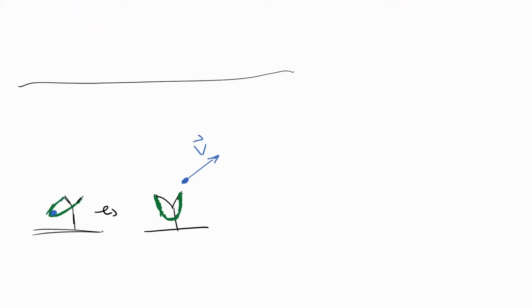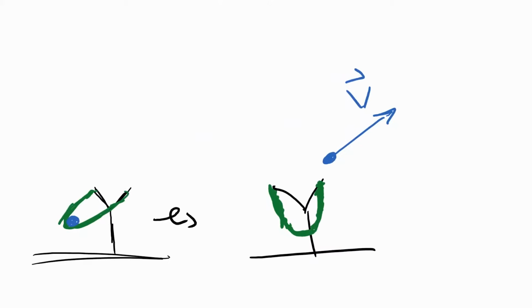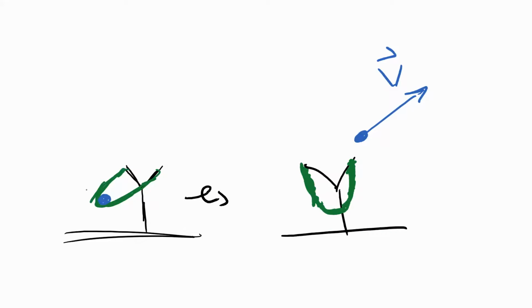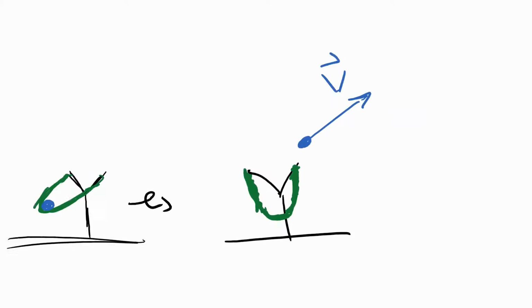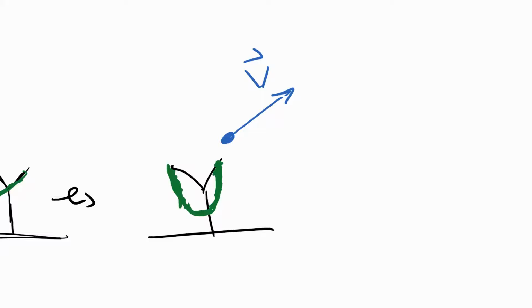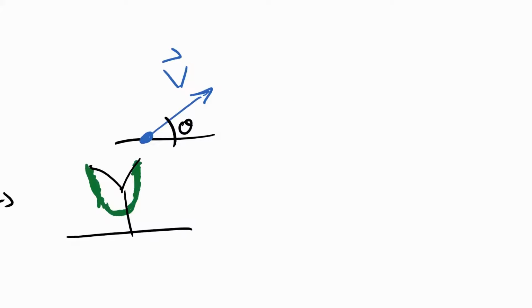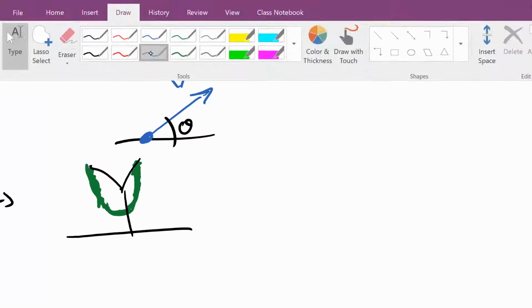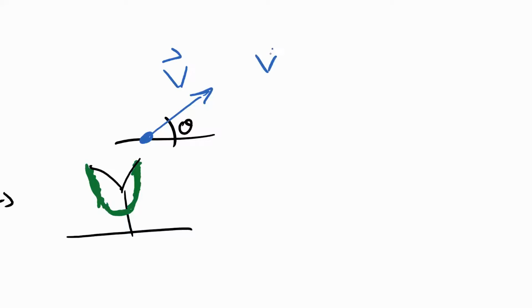Now, let's take a look at an example where it's going to help us. We have here a slingshot, which is launching a pellet with some velocity v. And we can see this velocity v is directed at some angle theta above the horizontal. So, I have v, the vector.